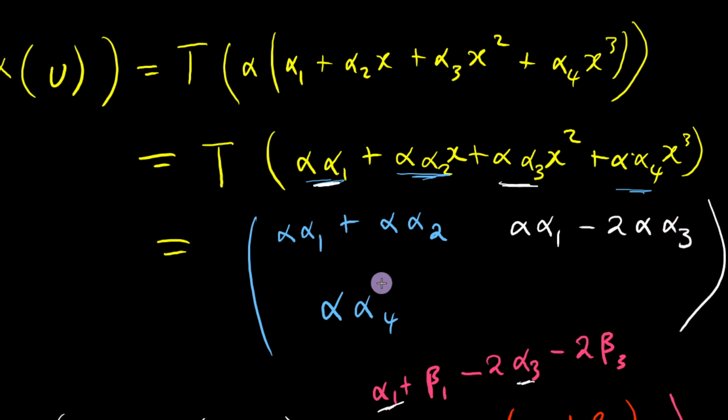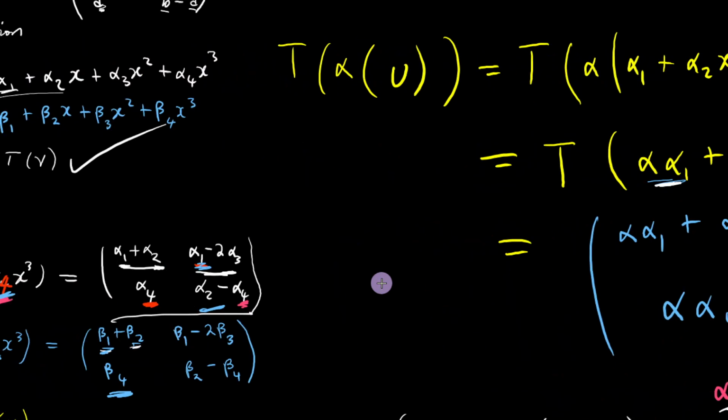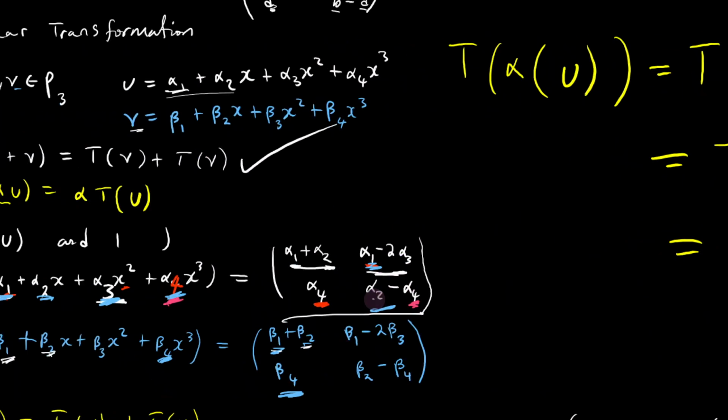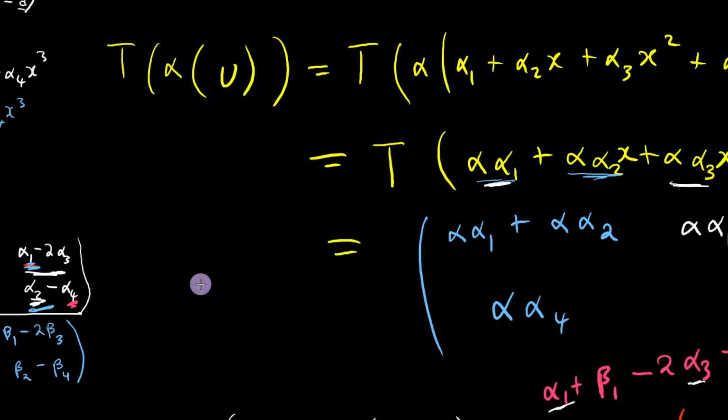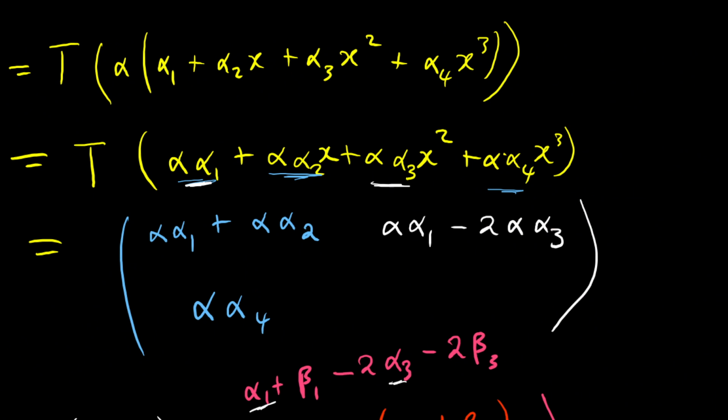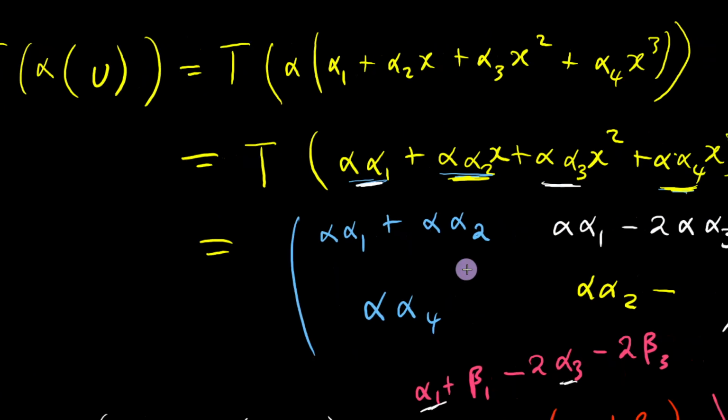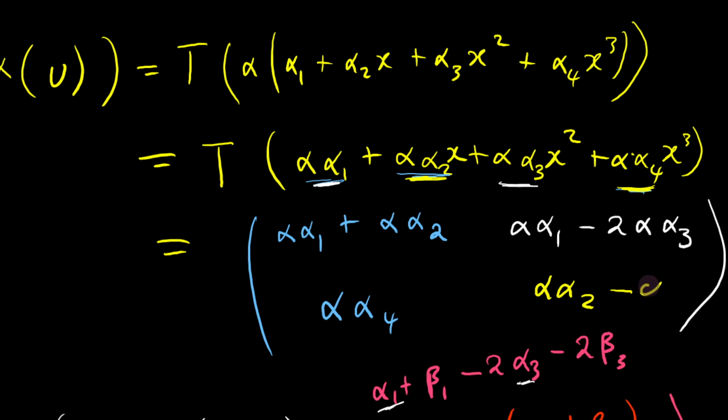Okay, we go to alpha 2 minus alpha 4. So alpha 2 is the coefficient of x, and alpha 4 is the coefficient of x to the power 3. So this will be alpha 2 minus alpha 4.